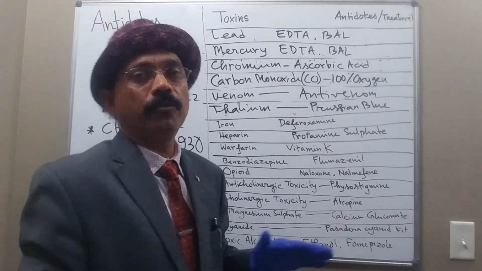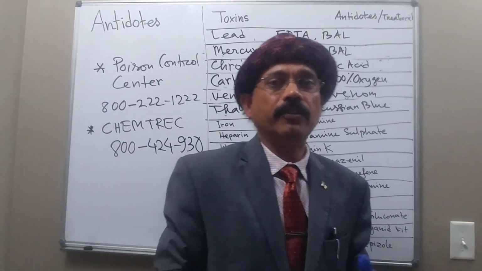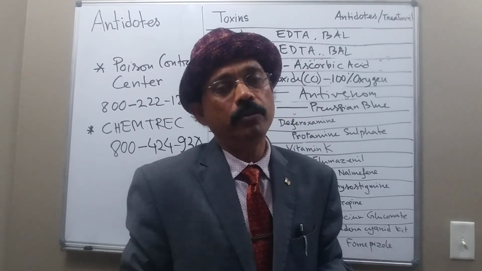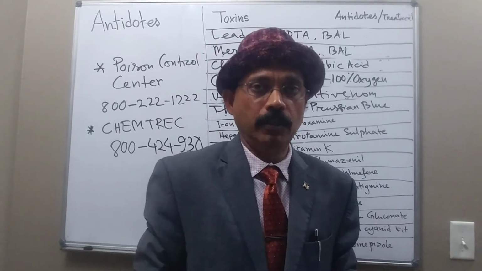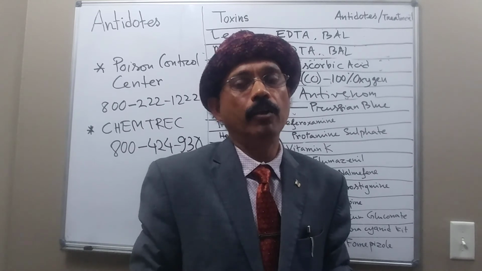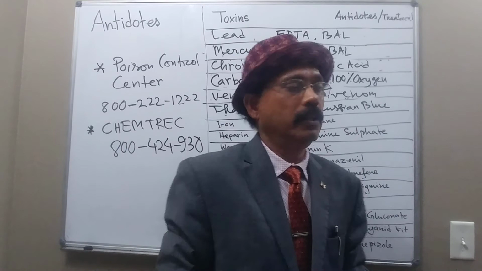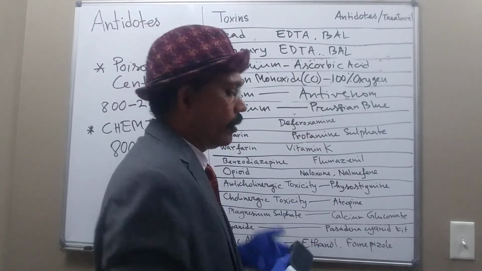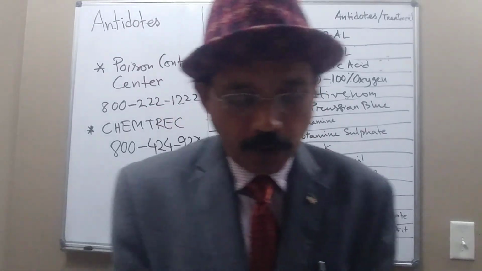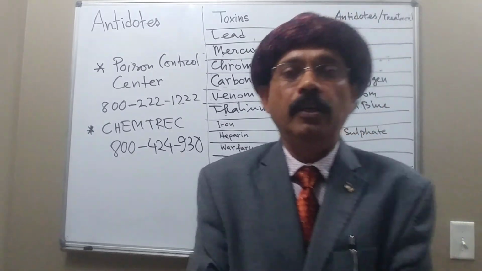Suppose we have a lot of snakes. Each snake has a different type of poison, so it should be different. What antivenom we use for a particular snake bite, it is better to consult with the center. And that's all about the antidotes.